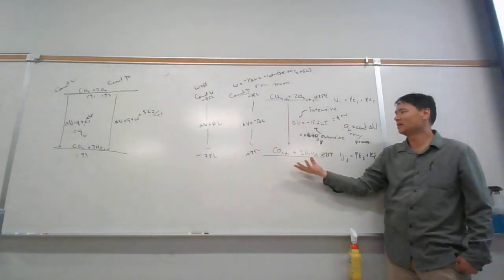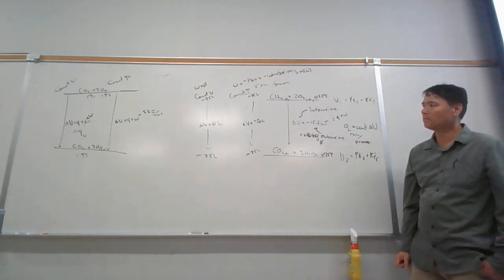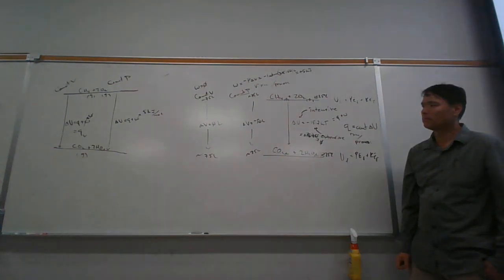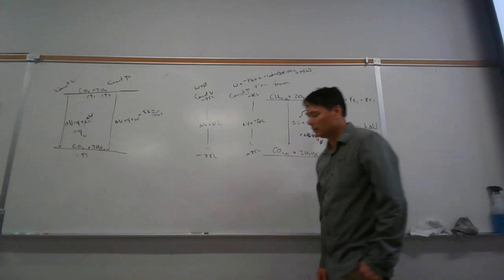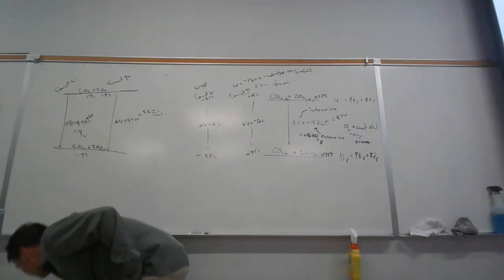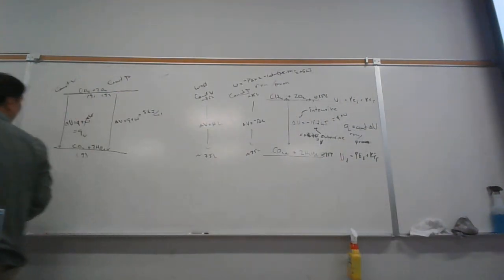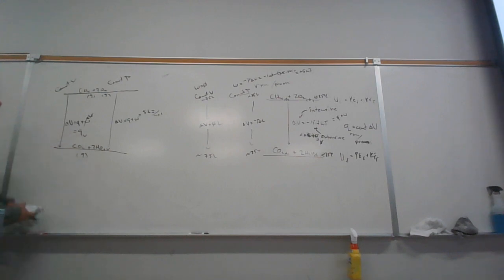It generates heat. That heat goes into warming up the bomb. So we can figure out how much heat is generated per mole of methane combusted. In other words, we can determine what delta U is, the internal energy change, quite accurately using bomb calorimetry.